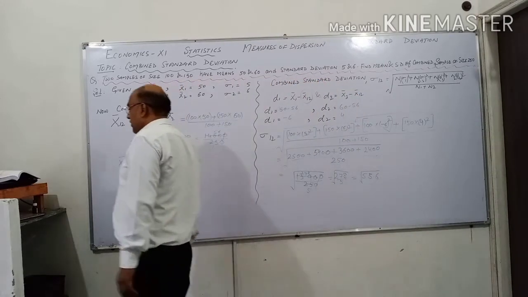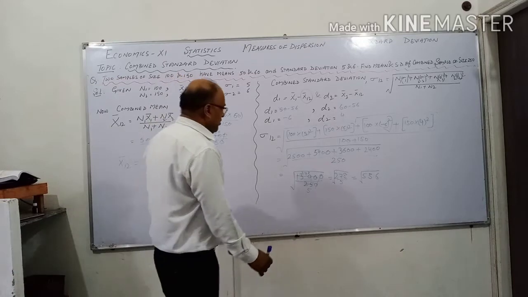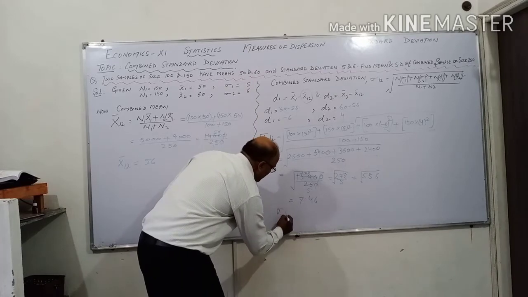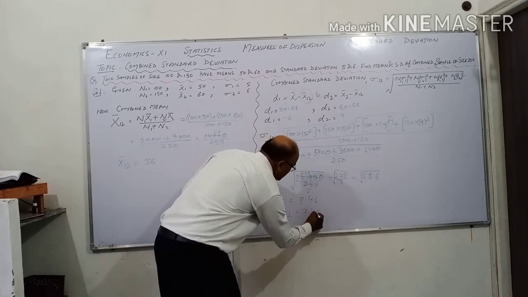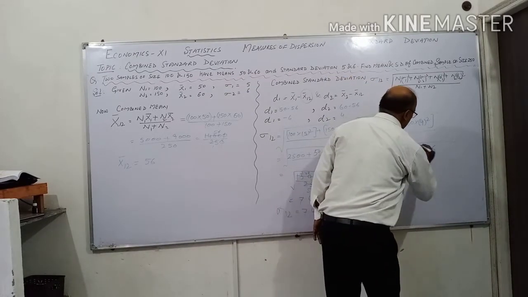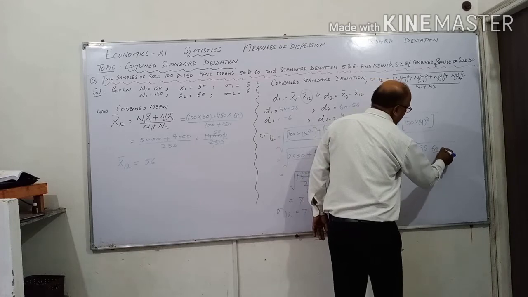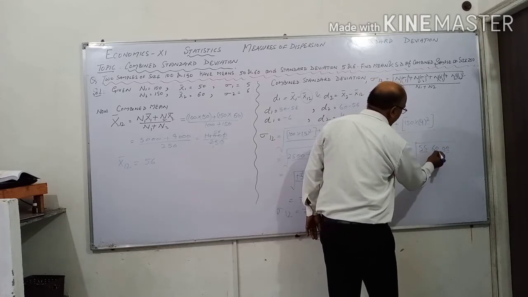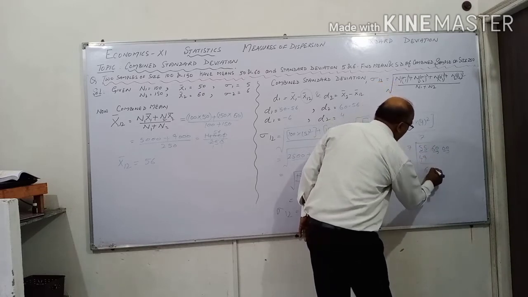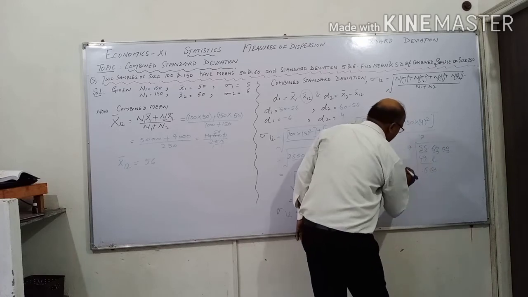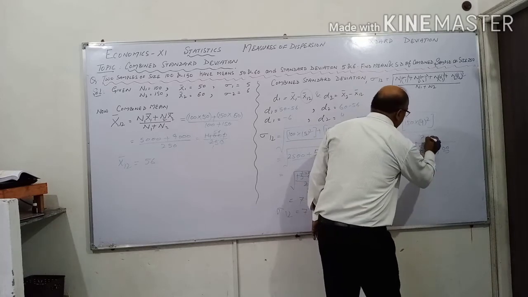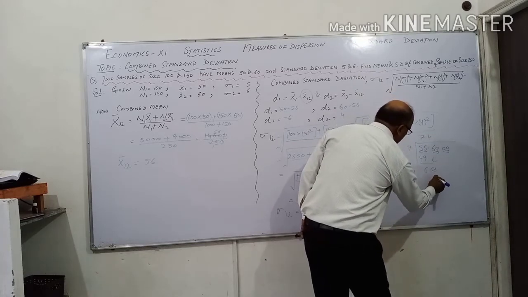Now taking the square root of 55.6, it is 7.46. Do rough work for sure. Suppose you have to take the square root of 55.6: first make pairs. 7 sevens are 49. 7 plus 7 is 14, and then you have to multiply in such a way that it should not exceed 660.